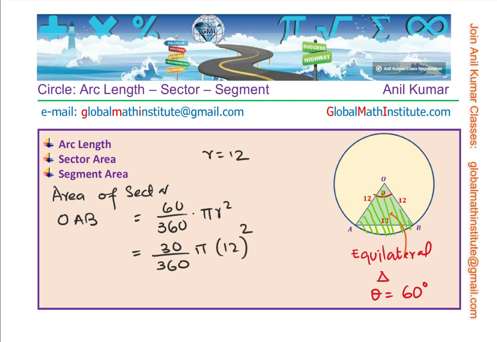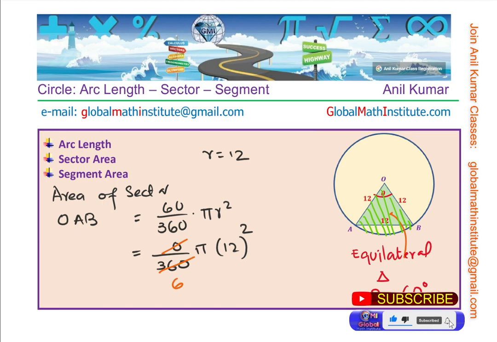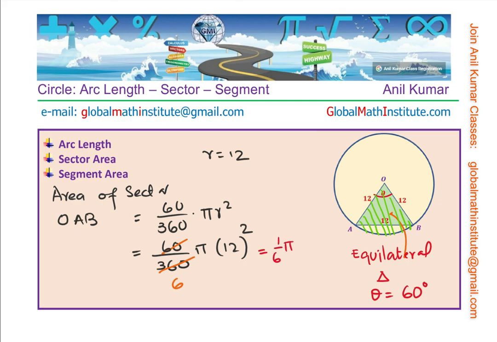Clear? So now you can divide and simplify. 60 goes 6 times, right? And we can further simplify, which is 1/6 of pi r square.